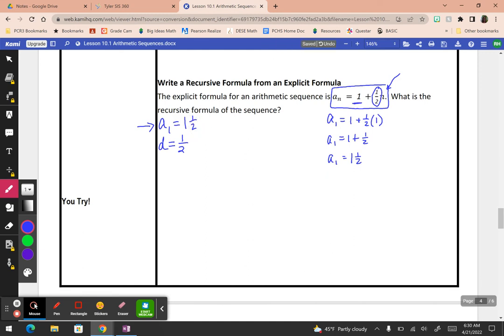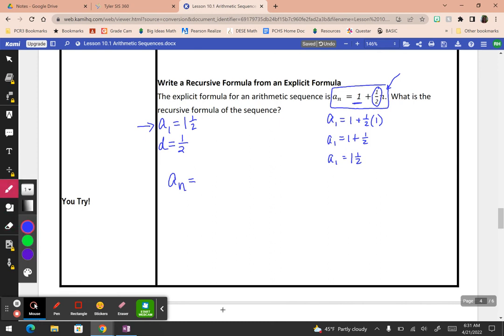Now I can write my recursive formula. I start with a sub n, then I start with the first term, 1/2, back that up. Sorry. I got ahead of myself. That goes at the end. A sub n.